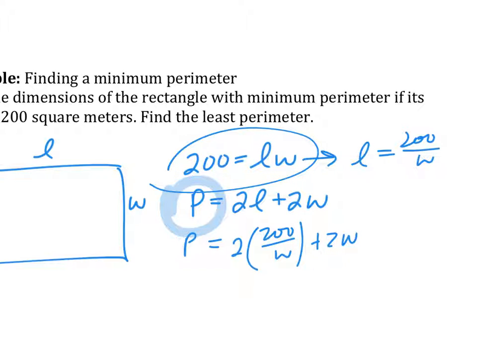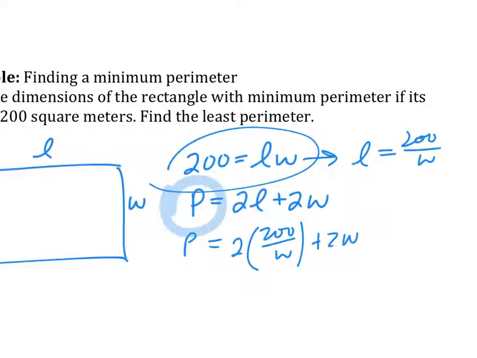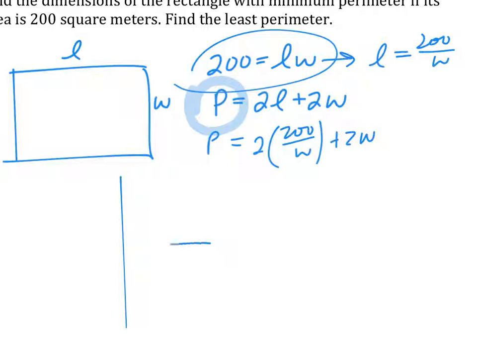So you would graph it. And then you look and say, what does W have to be so then P, which is the Y value, is as small as possible? Does that make sense? Okay, so you guys can try it and then figure out what that answer is. So if you look at a graph, it's going to look like this, and this point is the smallest P or perimeter possible.